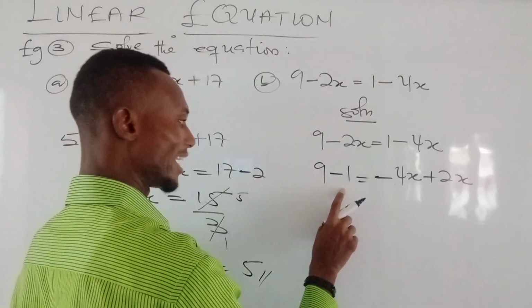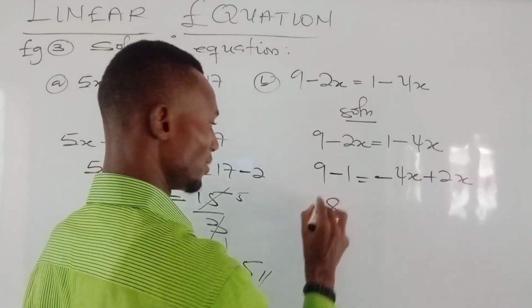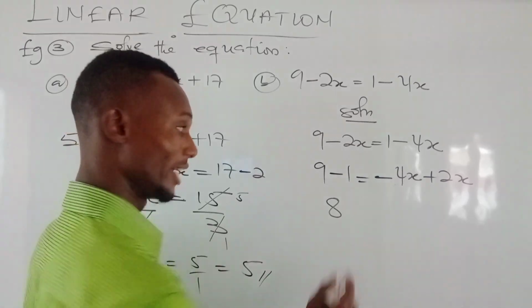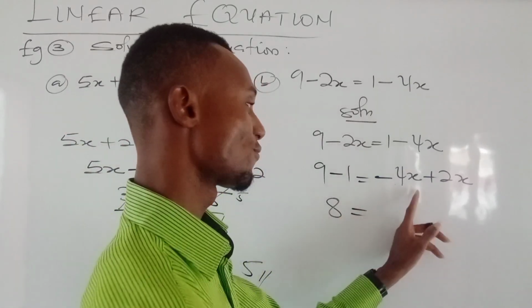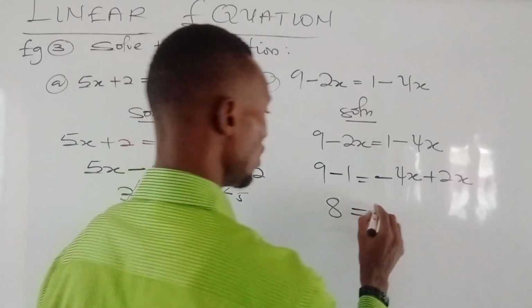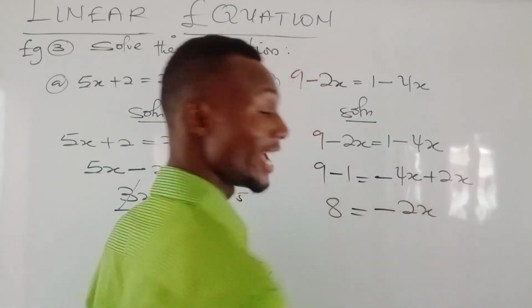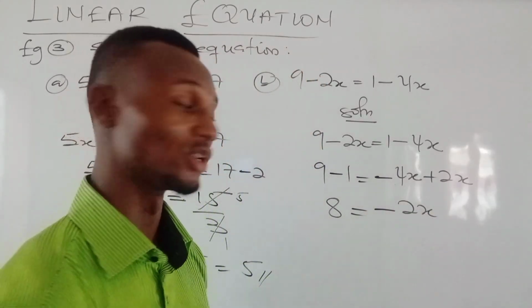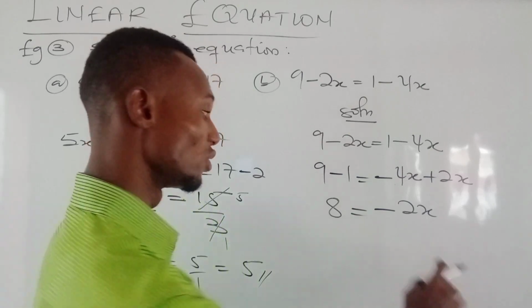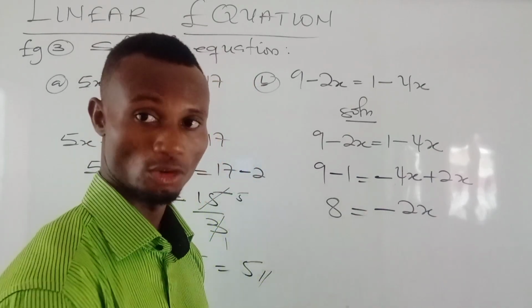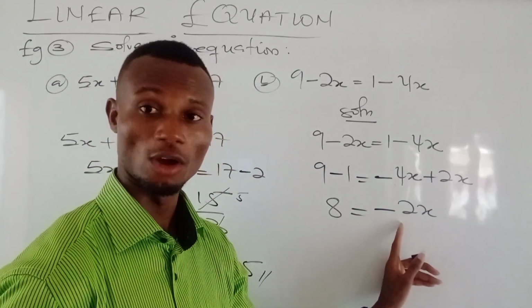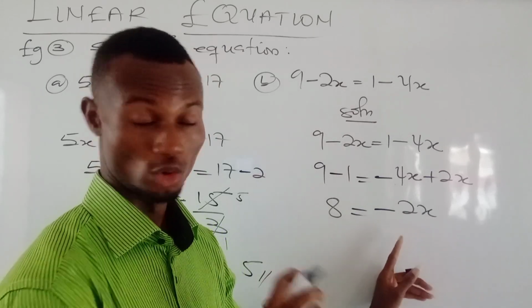Now 9 minus 1 gives me 8. Hope you agree with me. 9 minus 1 gives you 8, equals to minus 4s plus 2s will give you minus 2s. Hope you understand it. So now the next step is that you divide through by the coefficient of s. Now the coefficient of s here is minus 2, not 2.